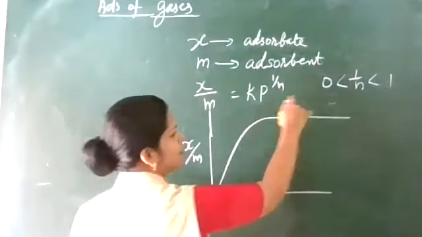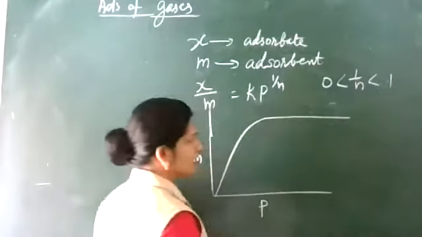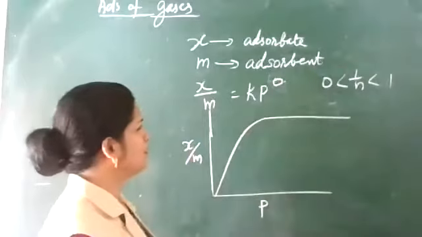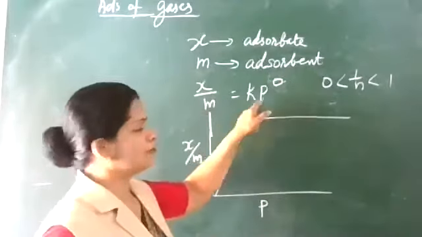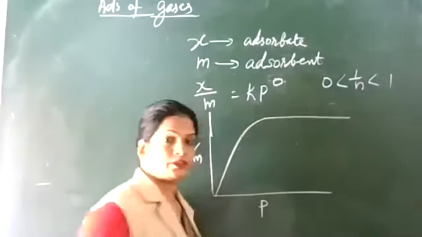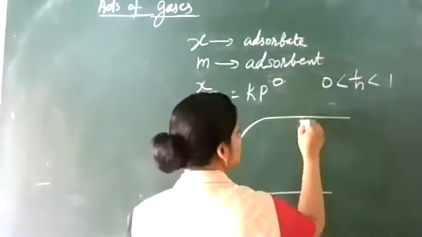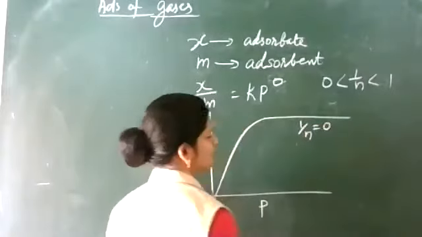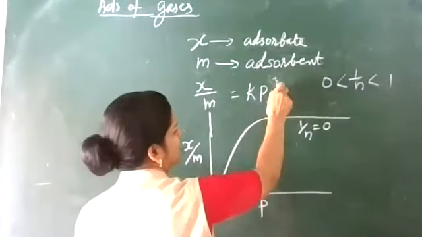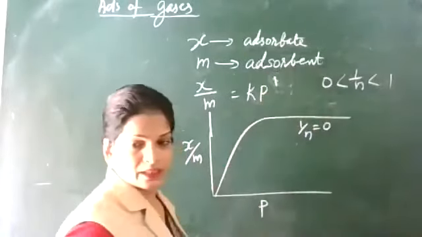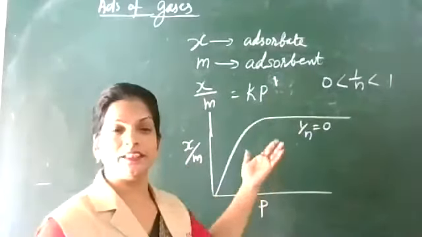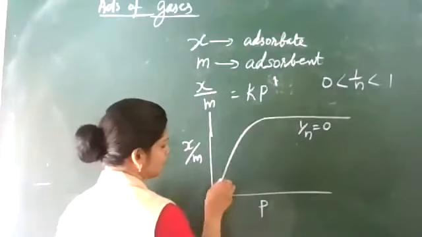1 by n can vary, but if 1 by n is equal to 0, that means adsorption is independent of the pressure. Now if 1 by n is equal to 1, that means adsorption increases linearly as the pressure increases.